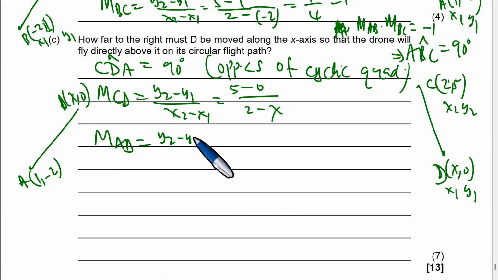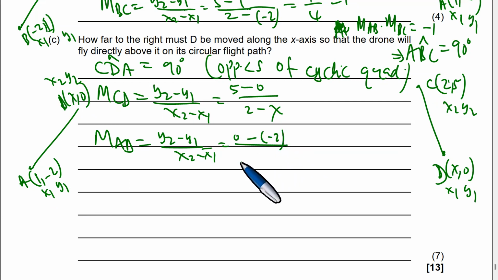Same formula, y2 minus y1 over x2 minus x1. y2 is 0, y1 is minus 2. x2 is x, x1 is 1. So this one is equal to 2 over x minus 1.